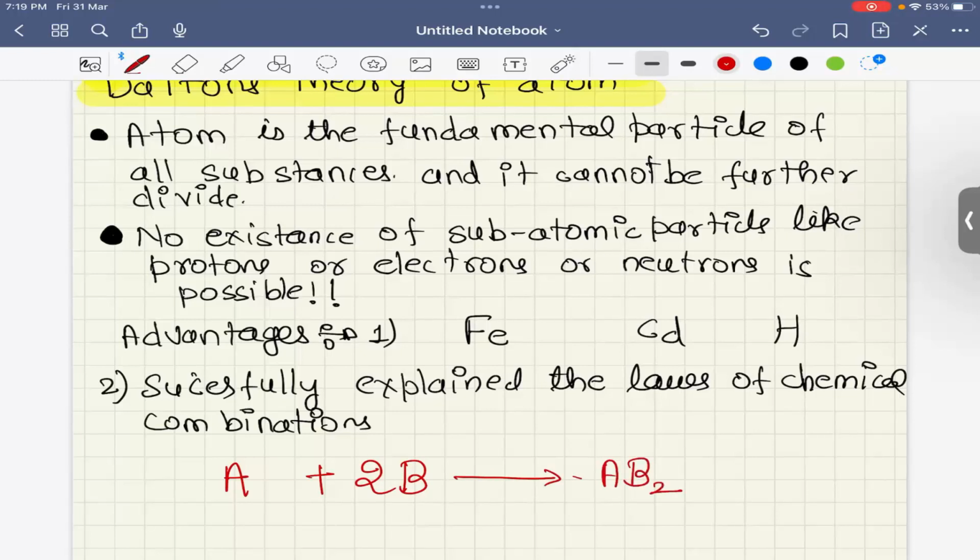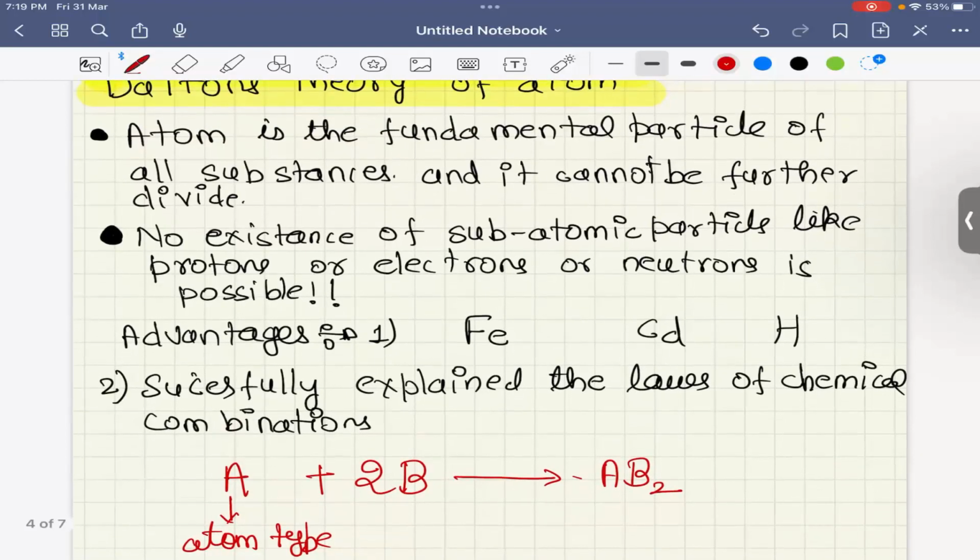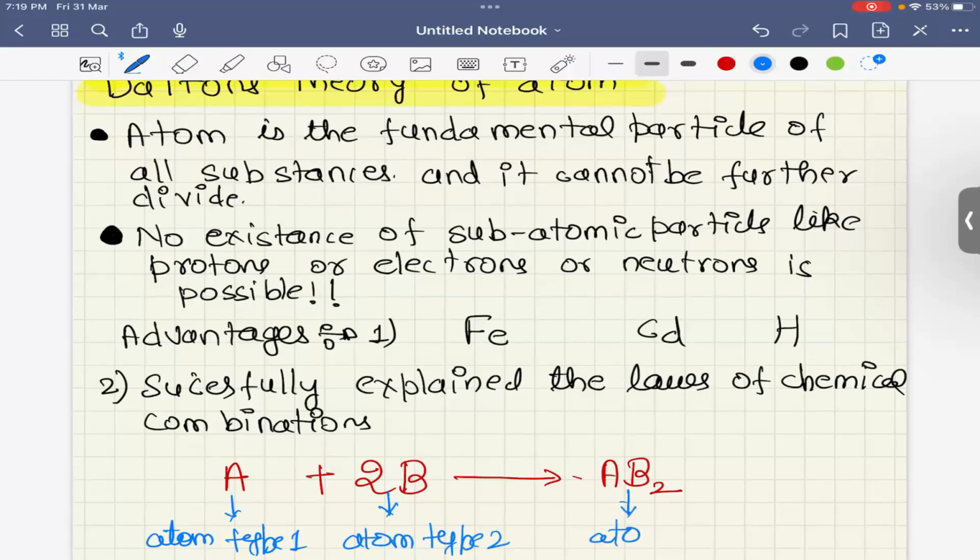So this is atom type 1, this is atom type 2, and this is atom type 3. So two atom types give rise to a third atom type.